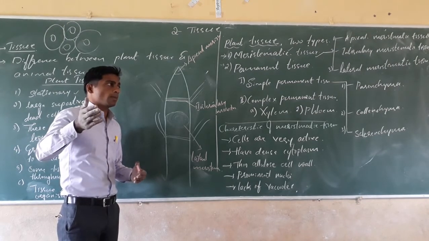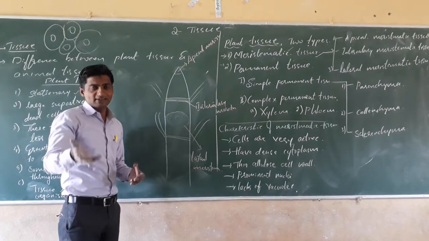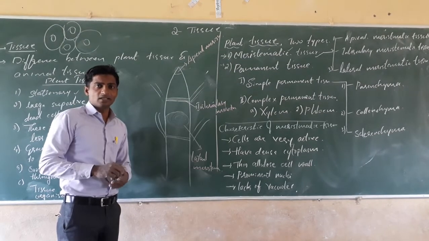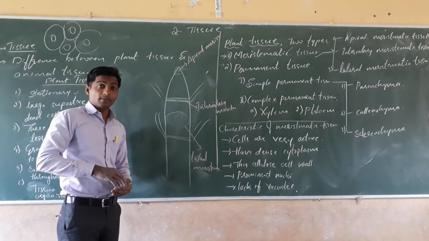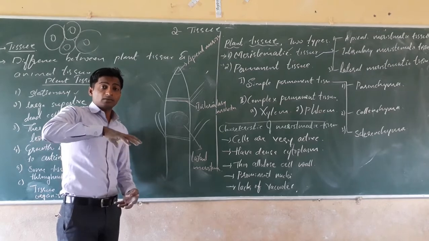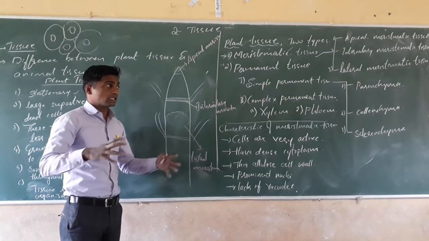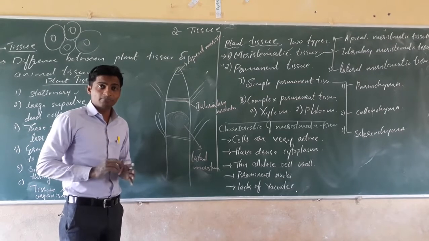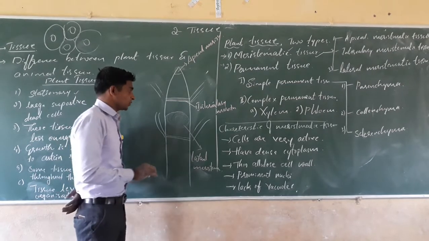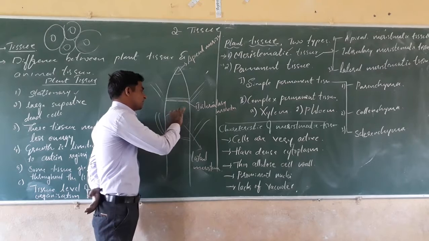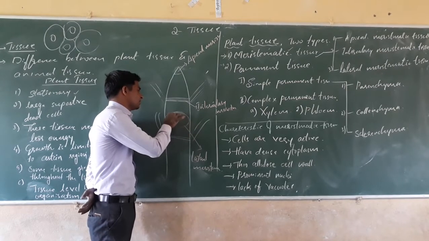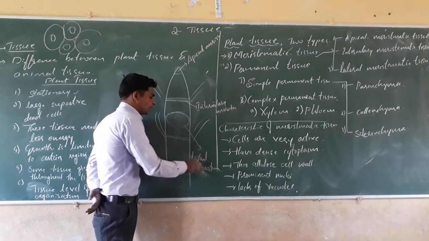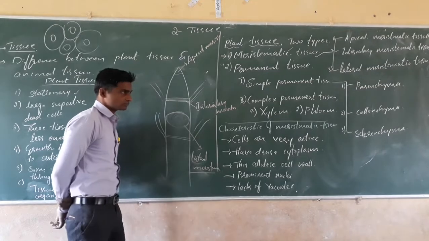When you go back after 5, 6 or 10 years, the plants have grown and their width has increased, the stem part has enlarged. This is due to the presence of lateral meristem.